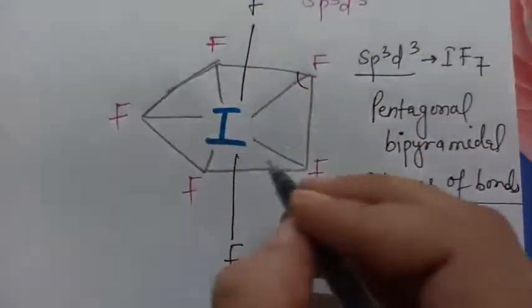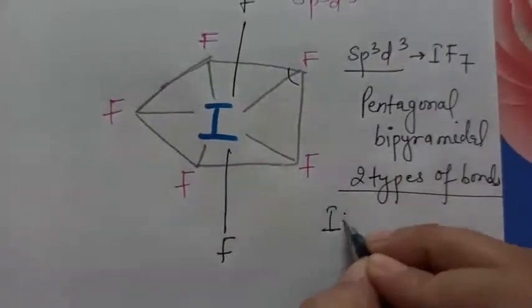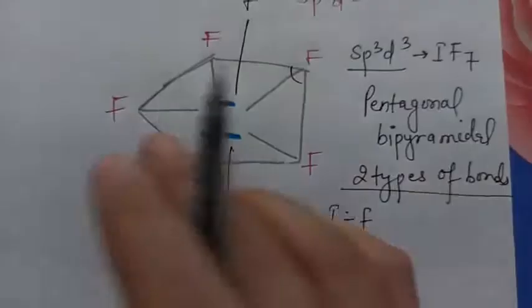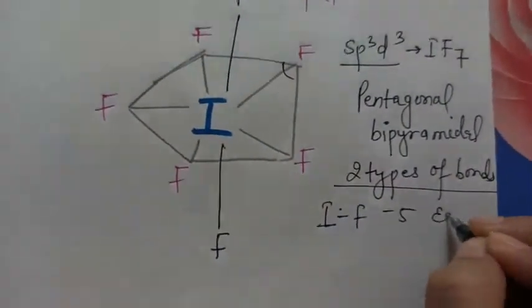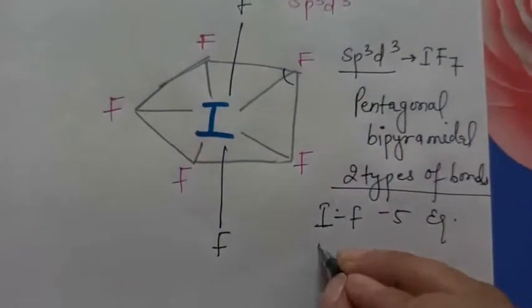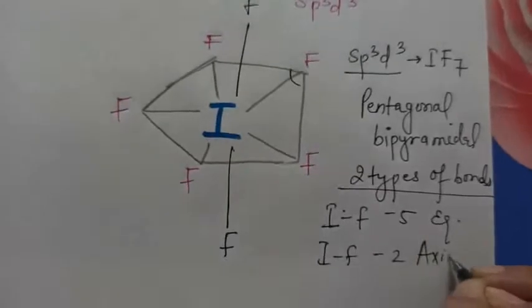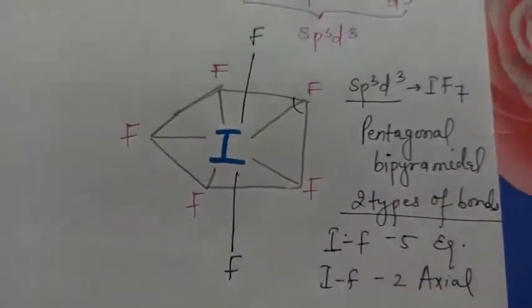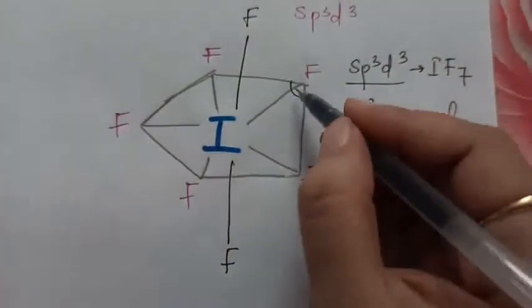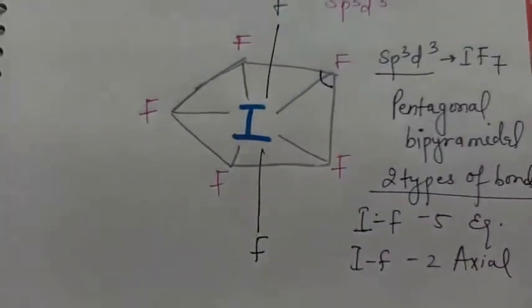ये जो 5 IF बॉन्ड्स हैं, ये 5 इक्वेटोरियल बॉन्ड्स हैं. और ये जो 2 हैं, ये सेम है जैसे PCl5 में थे, 2 आर एक्सियल बॉन्ड्स. तो एक्सियल बॉन्ड्स हमेशा थोड़े लंबे होते हैं, ये ध्यान रखें. तो पेंटागोनल बाइपिरामिडल में इसका उल्टा होता है.